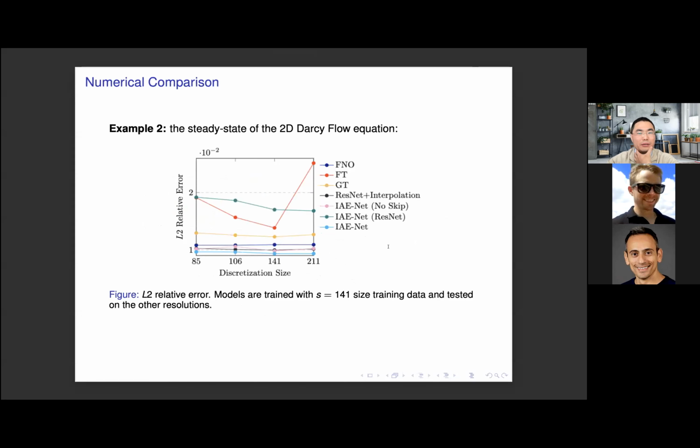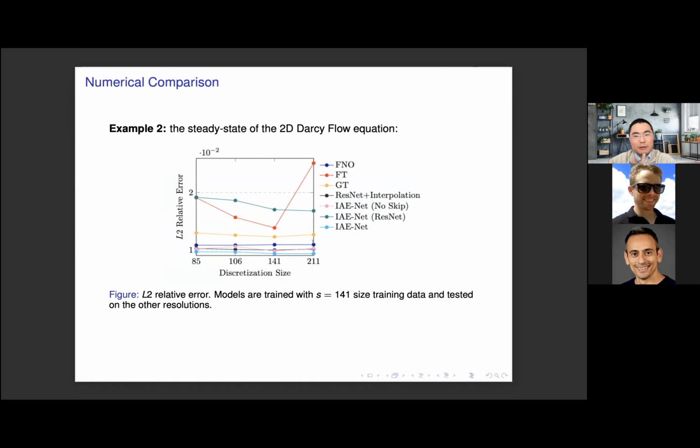Next, we compare different algorithms, and we can see that the IAE-Net is also the best among all the other algorithms. It is also interesting to see that the naive algorithm, ResNet plus interpolation, can also achieve very good accuracy, achieving discretization invariance.